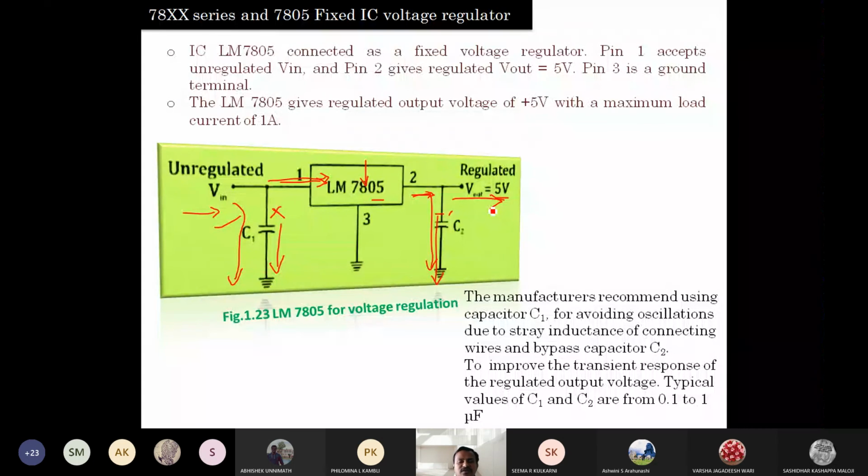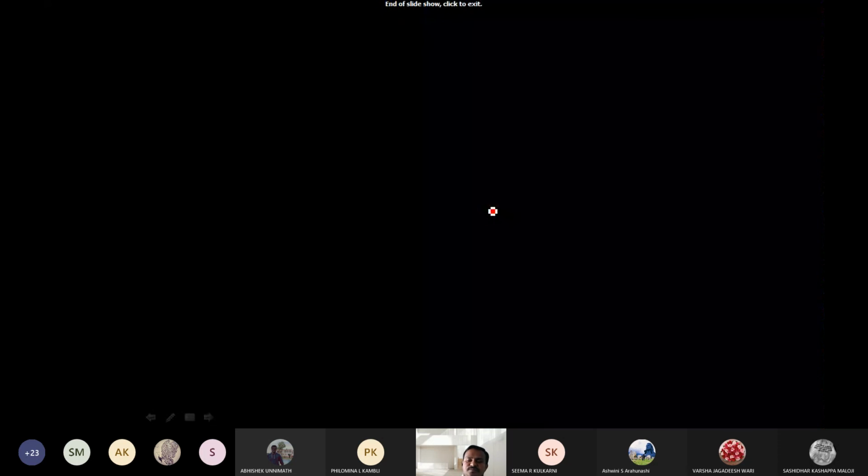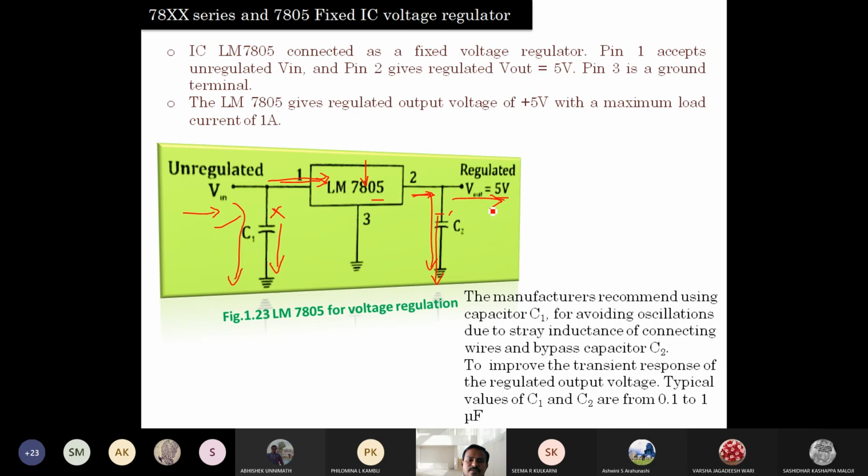Typical values of C1 and C2 range from 0.1 microfarad to 1 microfarad. Okay, these are the typical values referred to in electronic circuits. We use them at both the input side and the output side. So this is the concept regarding your 78XX series and the 7805 fixed IC voltage regulator.